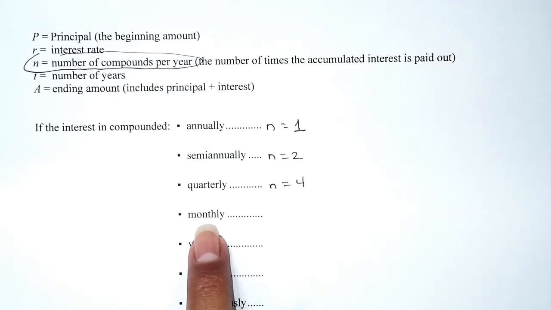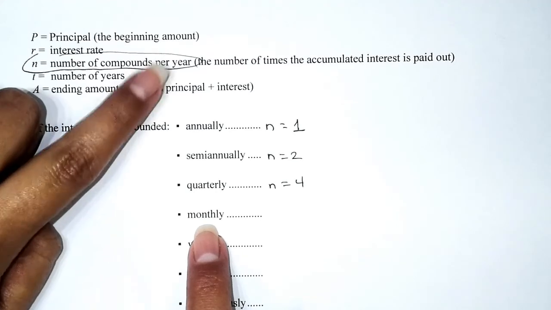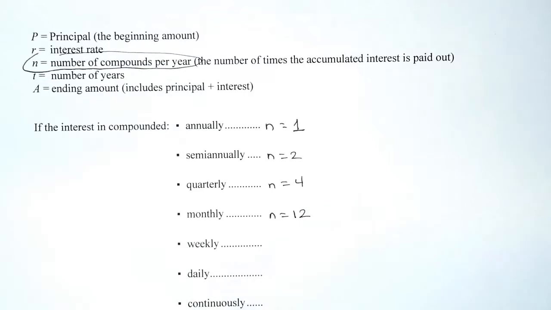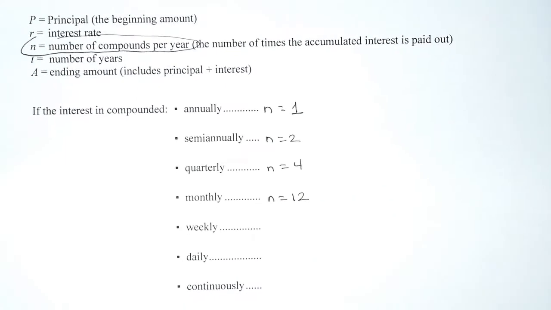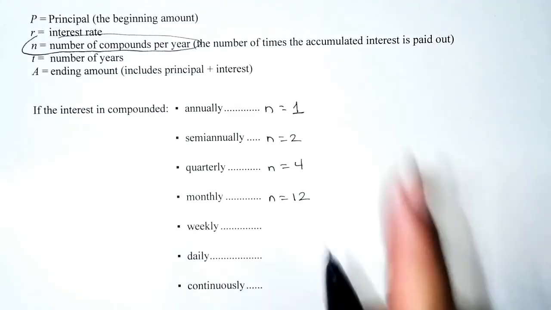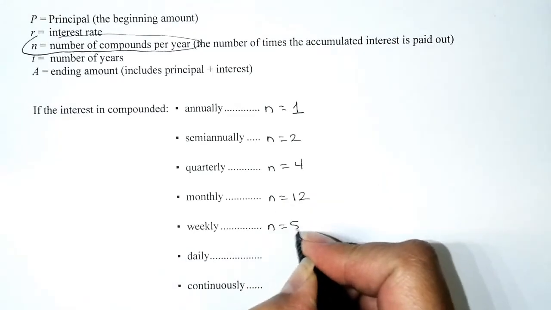Well, there are 12 months in a year, so that's code for they pay out the interest 12 times per year. So n equals 12. What if they say interest is compounded weekly? How many times are they going to pay out the interest per year? Well, last time I checked, there are 52 weeks in a year, so n equals 52.